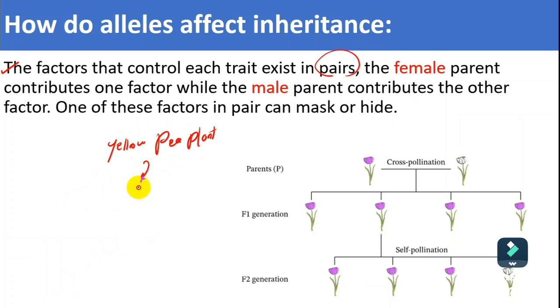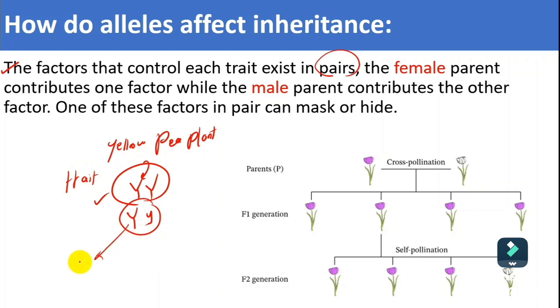It would be, for example, Y capital, Y capital, or Y capital, Y small. In any case, we have two letters, two factors. Why? Because each trait is represented by a pair of factors, because one of them is taken from the female and the other is taken from the male.